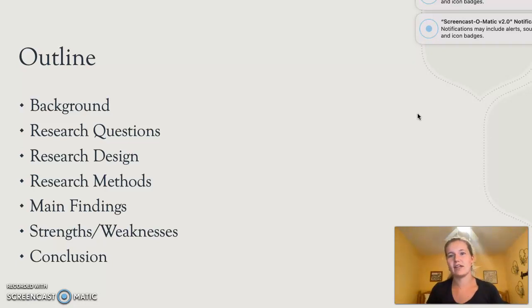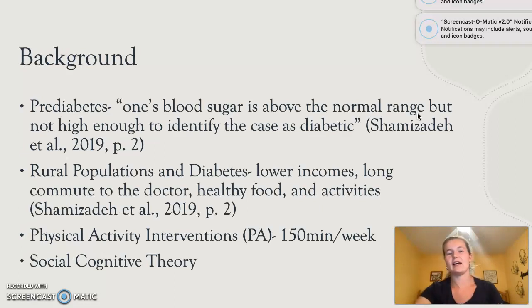Then I will illustrate the main findings this study showed and share the strengths and the weaknesses that I saw in the study. And then I will end with the conclusion, summing up everything I had discussed thus far. So, to begin, some background.